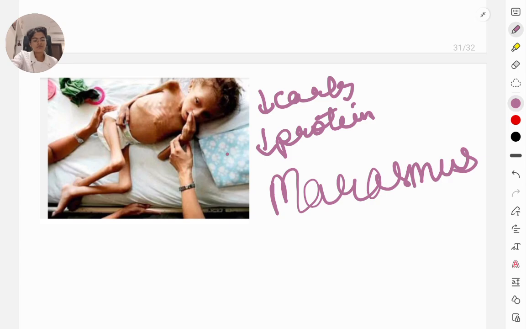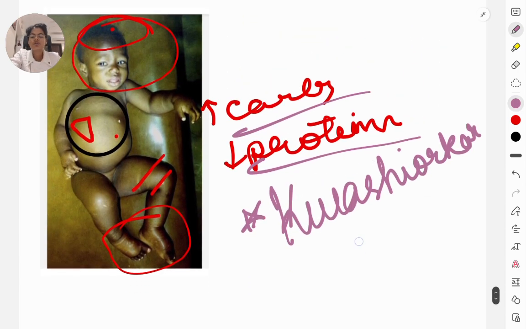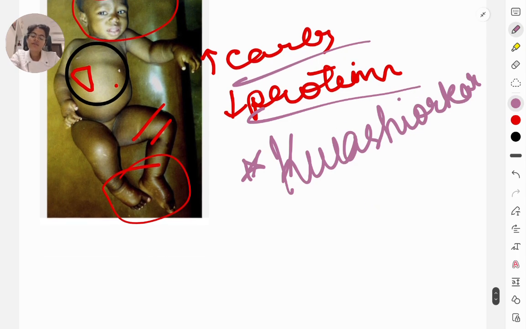So now let's find some biochemical manifestations regarding kwashiorkor. Why does he have edema? Because there is a lack of protein, which means there is less albumin. Albumin is responsible for the balance of osmotic pressure, and osmotic pressure went down in the blood vessels, thereby leading to fluid passing into the interstitial spaces, leading to edema.